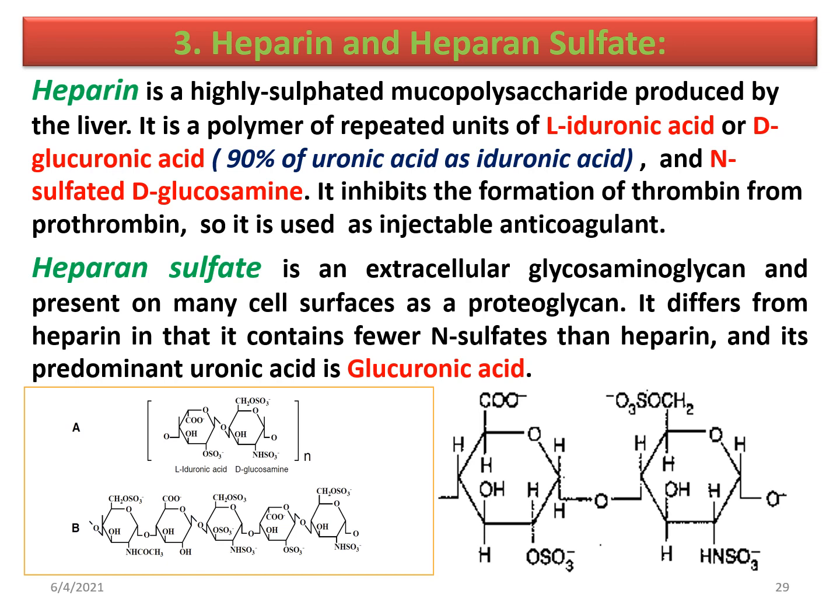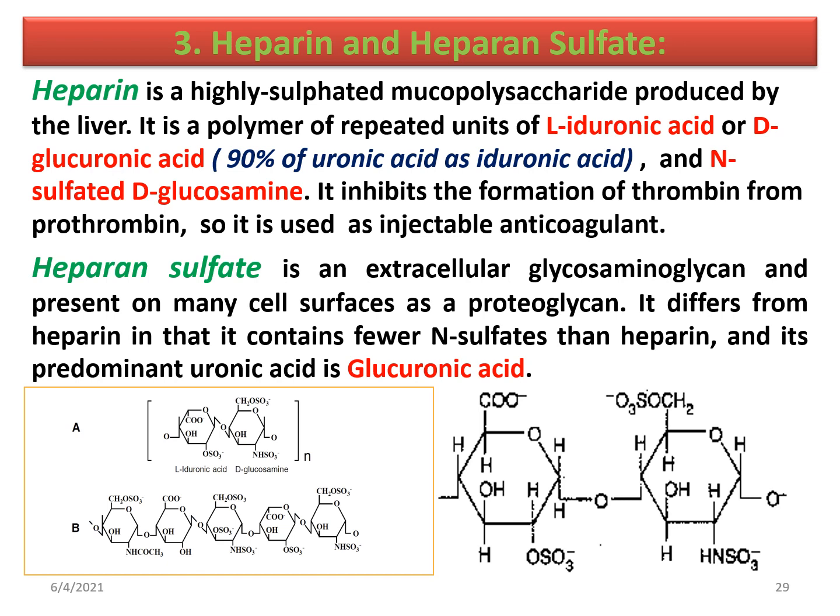However, 90% of the uronic acid present in the molecule of heparin is L-iduronic acid. Functionally, heparin inhibits the formation of thrombin from prothrombin, therefore it is used as an anticoagulant.